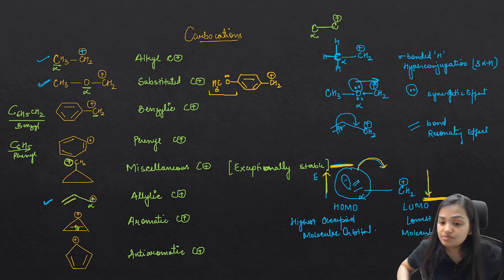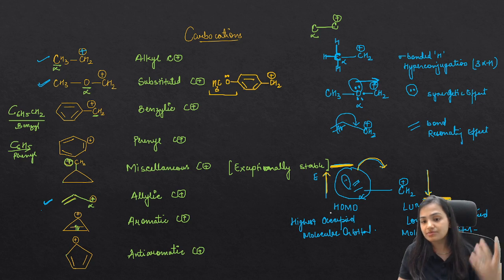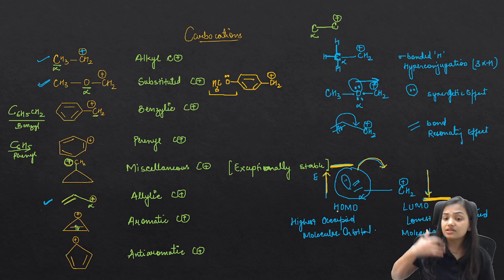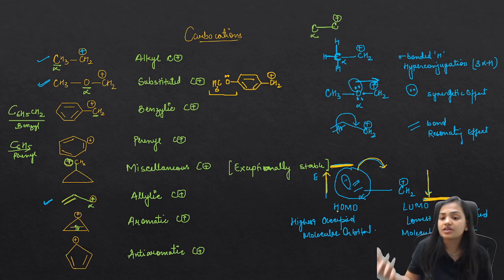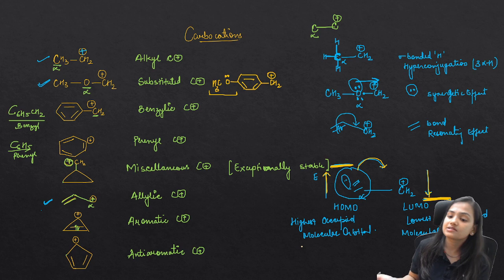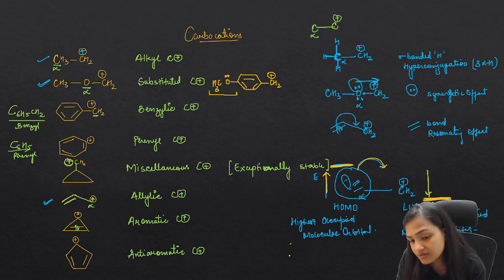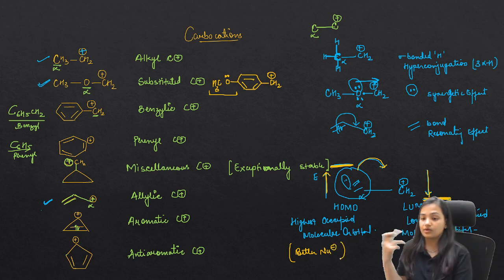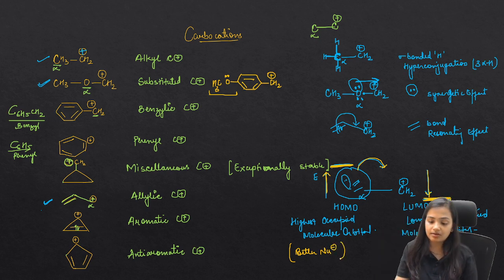Okay, so HOMO means they have to be a better nucleophile, a better donor in nature. This means that any species which is a better nucleophile will better stabilize the carbocation. In other words, they have to be a better nucleophile so that they can stabilize the carbocation.